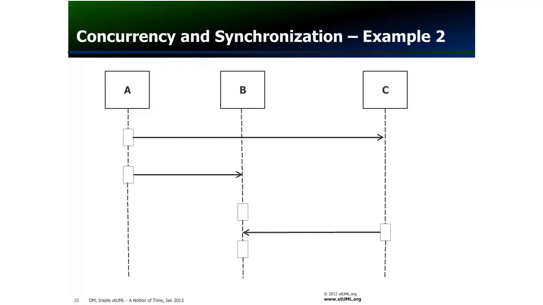Once instance C receives that event, it performs some processing and then sends an event to instance B in the middle. In each case, the communication is from a sender to a single destination. Now for this diagram, the event for instance C arrives at instance B after B has performed an action that was triggered by the arrival of the event from instance A.